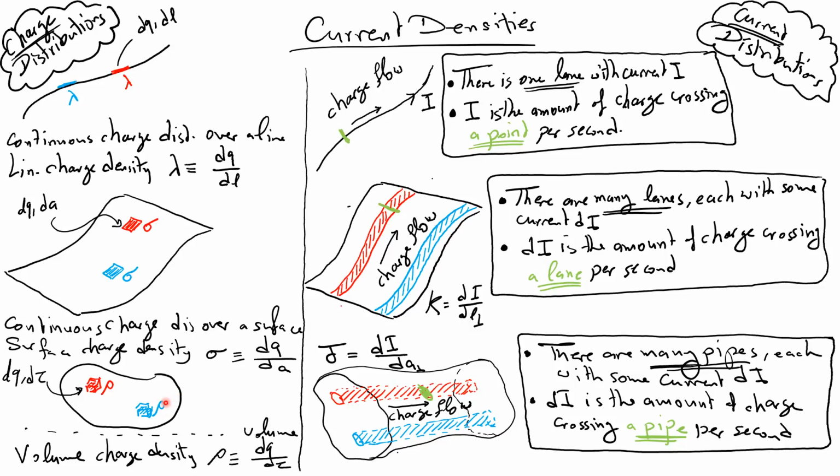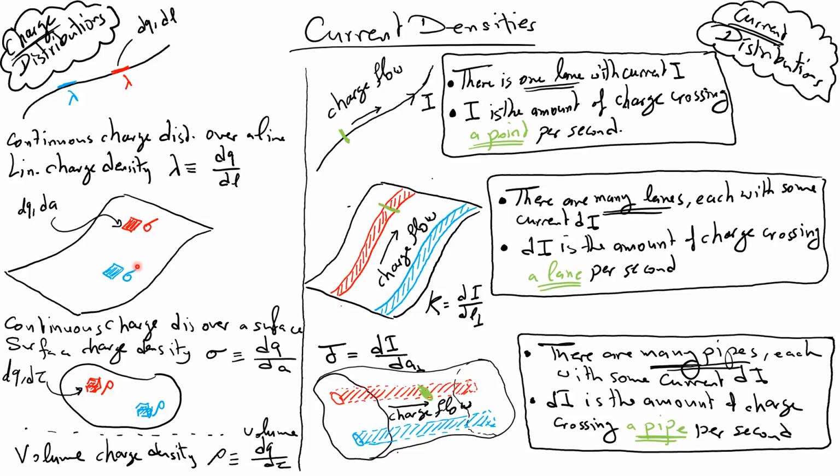Similarly, with rho, you can define a volume charge density, where you divide this whole volume into little volumes, each of which has the amount d tau. Then this quantity is what we call rho, and again that rho can vary from one point to another in space.